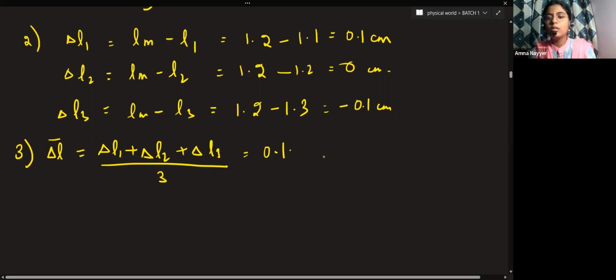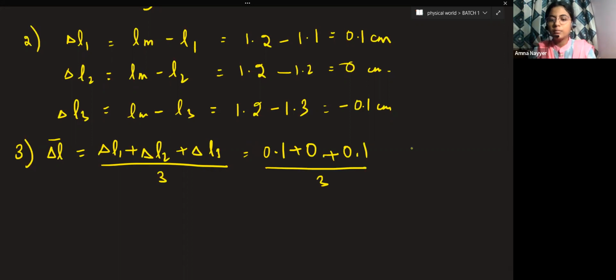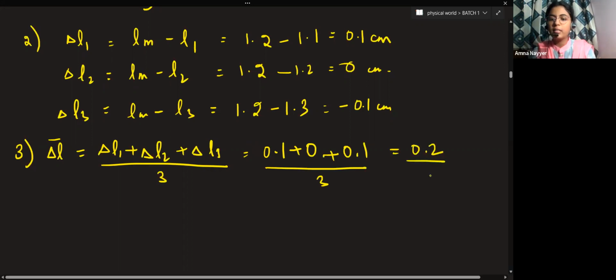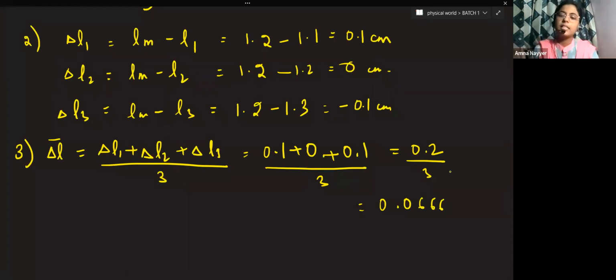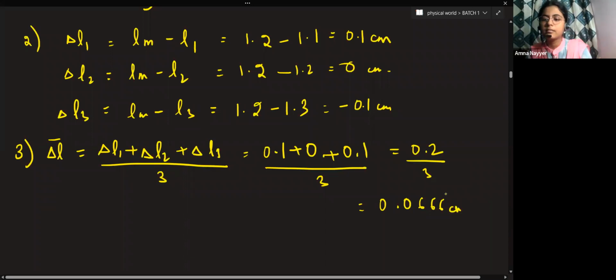Plus 0 plus 0.1, divided by 3. This comes out to be 0.2 divided by 3, which is approximately 0.0666, because 20 divided by 3 is 6.666. So this will be 0.0666 centimeters.